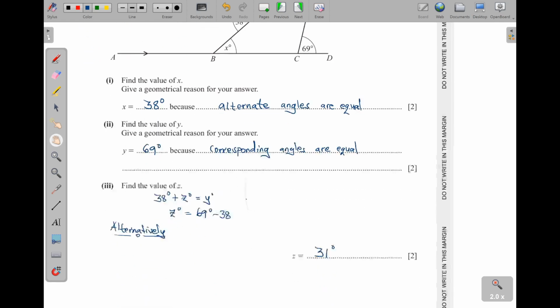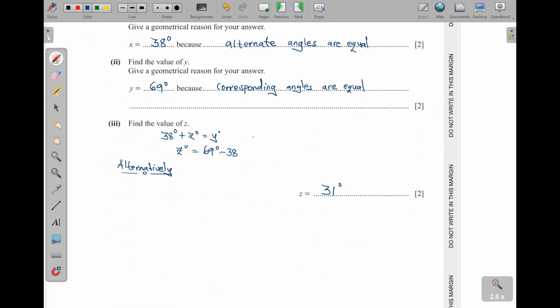So they will say, I'm finding u. So u plus y is equal to 180 degrees. That means u is going to be 180 minus the 69 for y. And this one will give us 111.